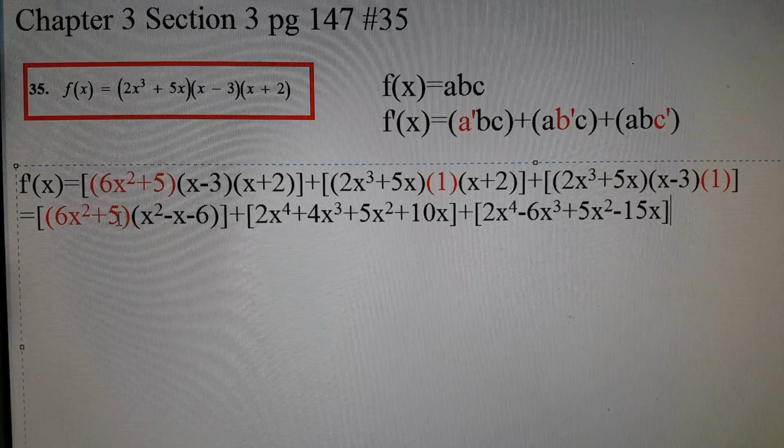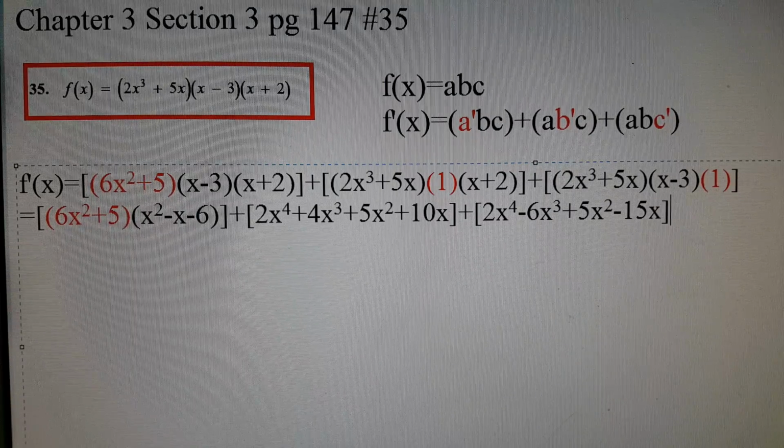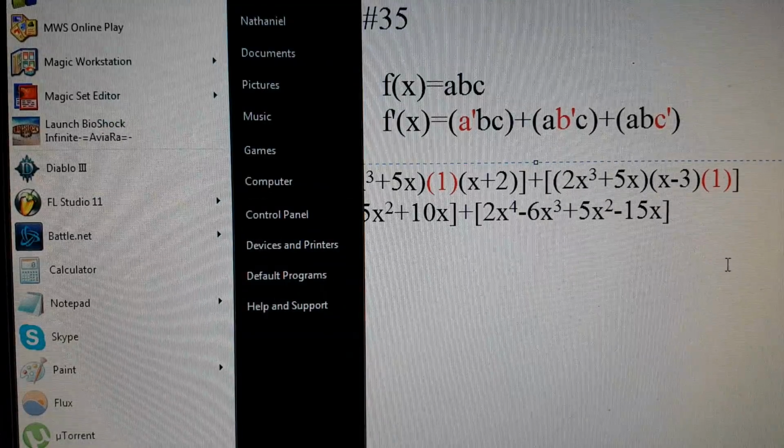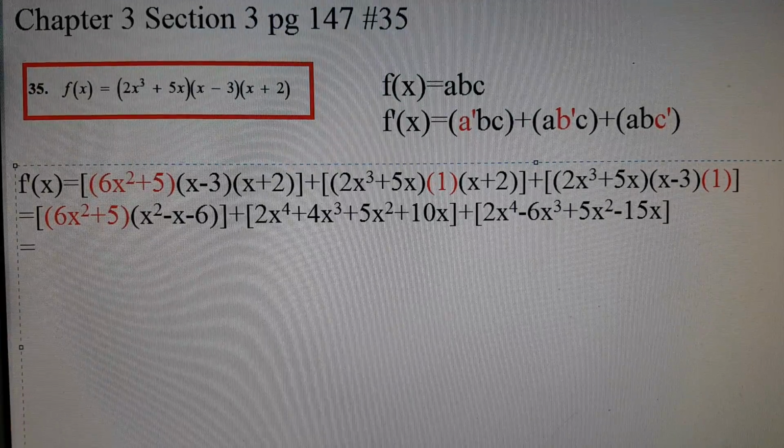Last thing we need to do is multiply these two together first. Can't forget about them, they're still not fully simplified.